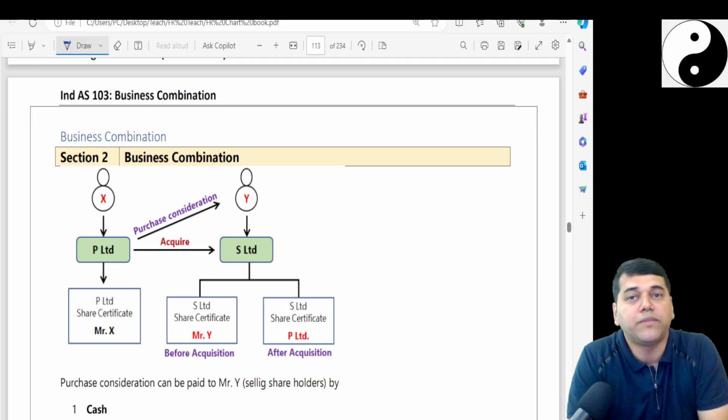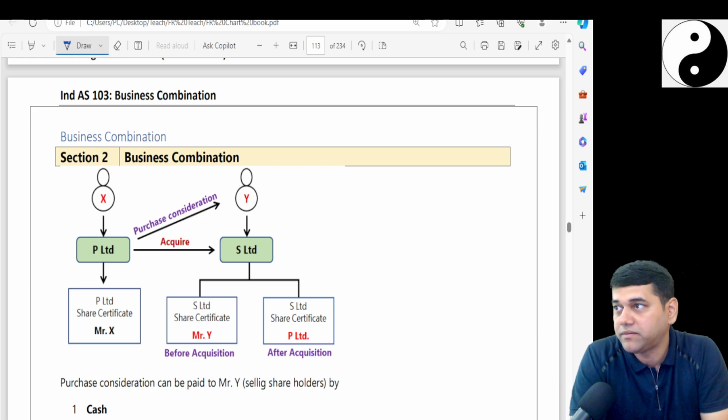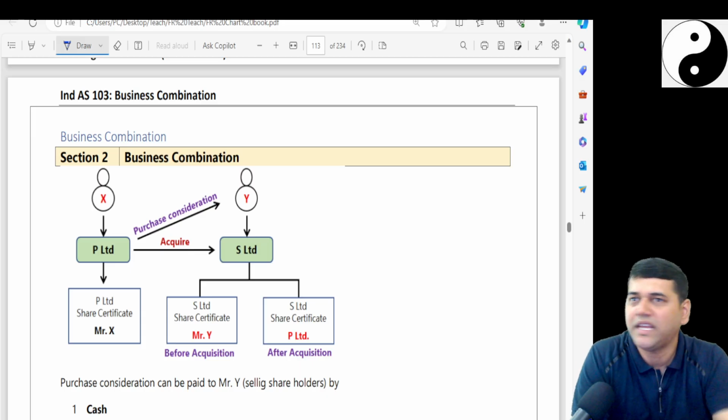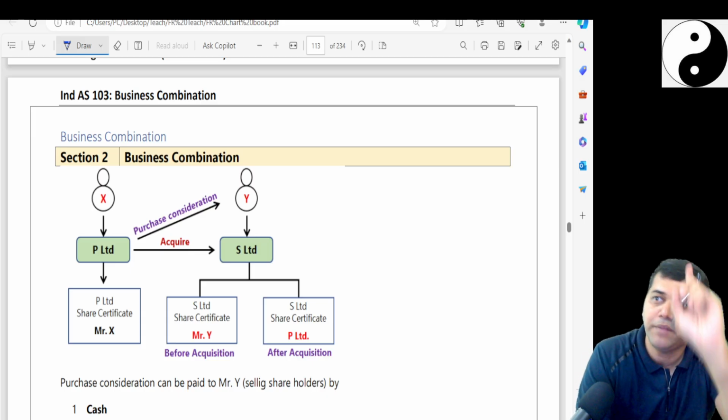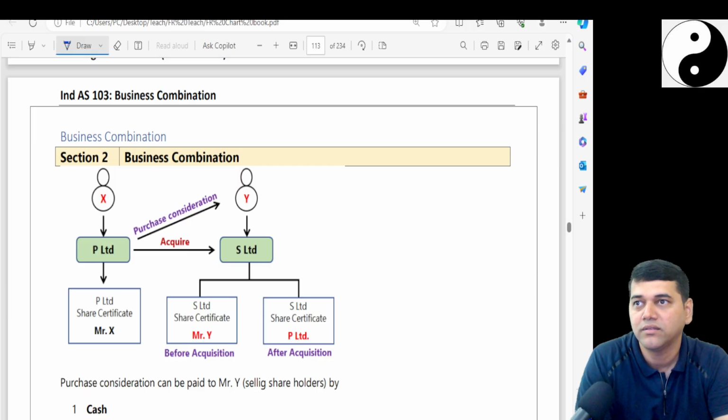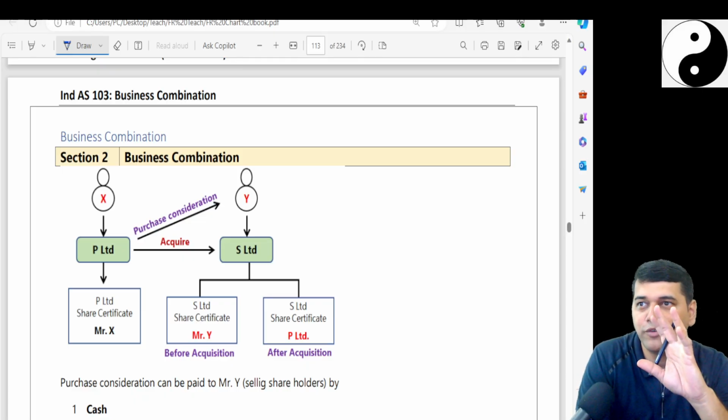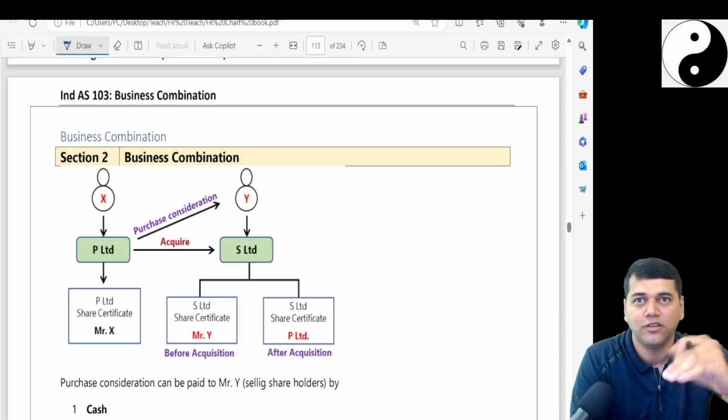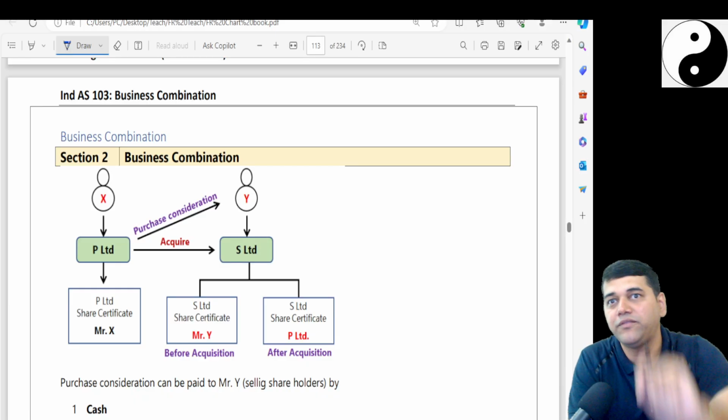See, there is one company called P Limited. Ultimately, for any company in the world, who is the ultimate owner? A human being. Behind somebody, one human will be there, no? Somewhere you will create layers. You may have a trust, and the trust will have one beneficiary.